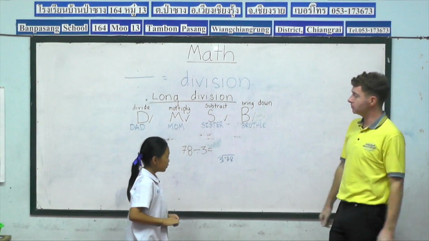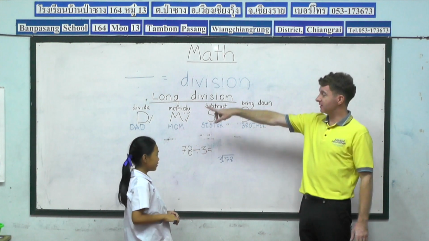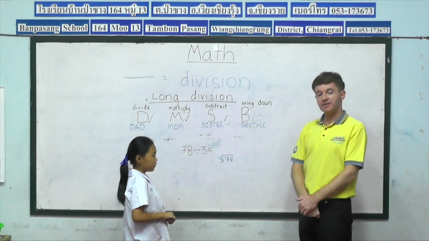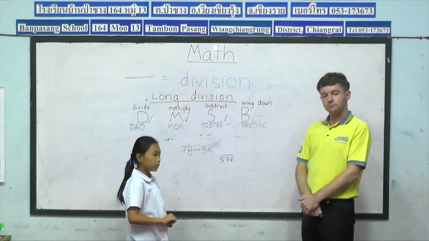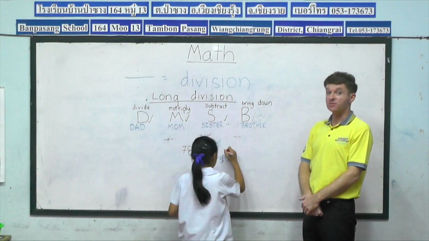So step 1, what's step 1, guys? Divide, correct. So 7 divided by 3 equals 2. 3 can go into 7 2 times.